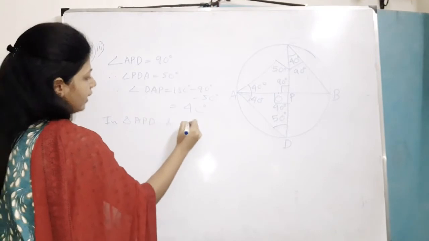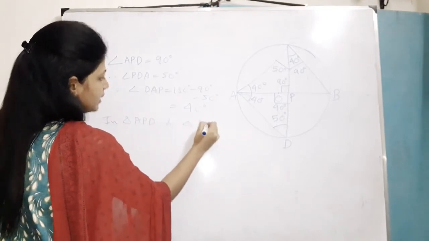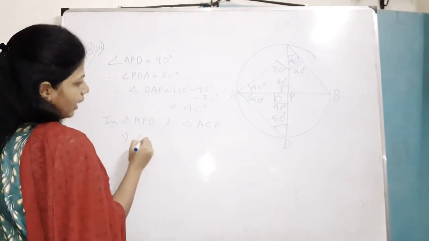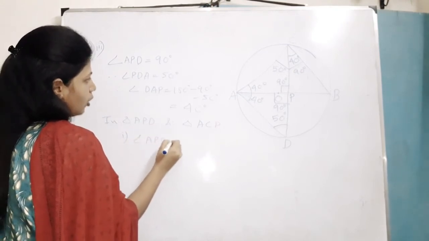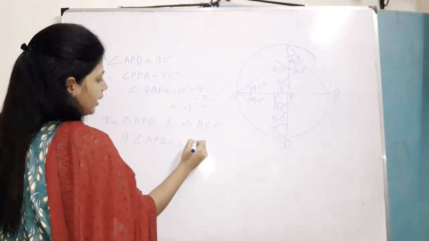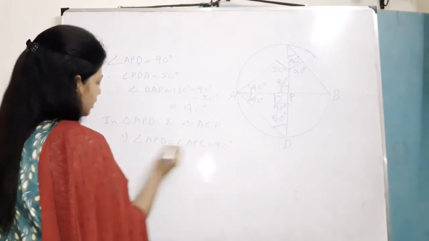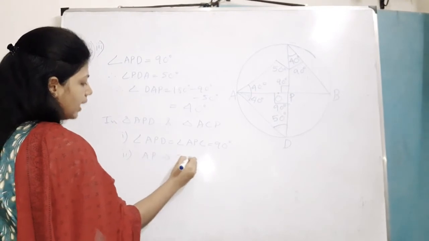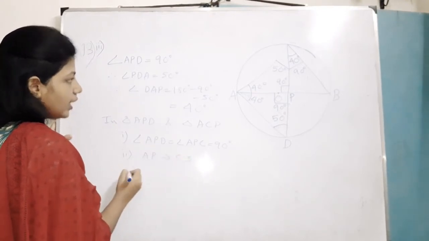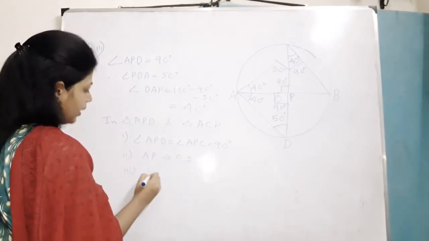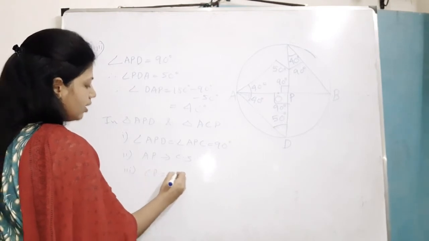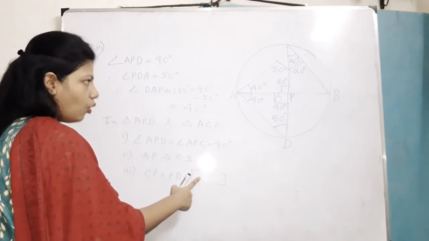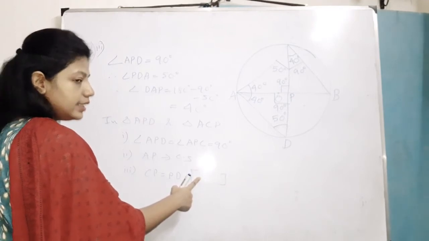APD and triangle ACP, number 1 we can say that angle APD equals to angle APC equals to 90 degree. Number 2, AP is the common side. Number 3 we can say that CP equals to PD. Here you will write down the reason that perpendicular from O bisects the chord CD.